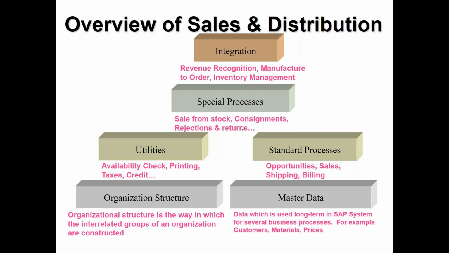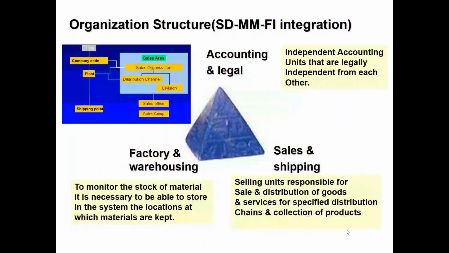We will see how the opportunities, the sales and availability check, and how the master data works in different processes, from material management and even CRM point of view. Some thinking has to be done here. We will discuss accounting and legal in the next class, and factory and warehousing, how it works, what is sales and shipping.